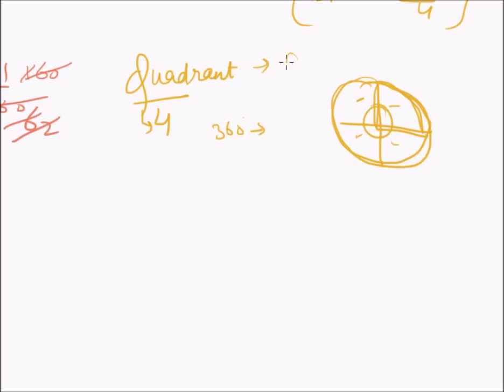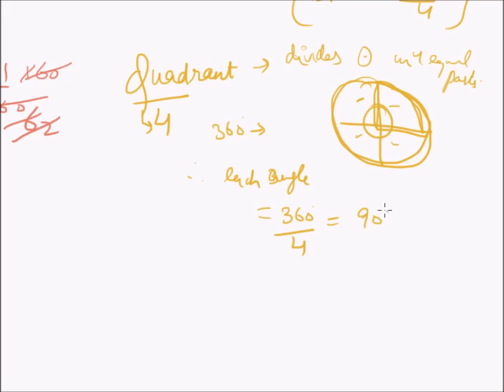Since quadrant divides circle in 4 equal parts, therefore each angle will also be divided in 4 equal parts, that is 360 degree by 4 will be each angle, or it will be 90 degree.